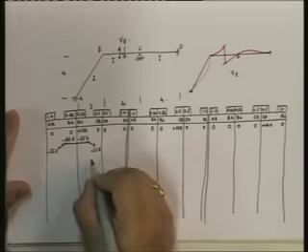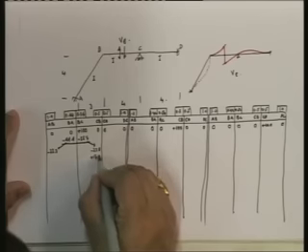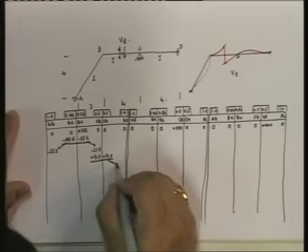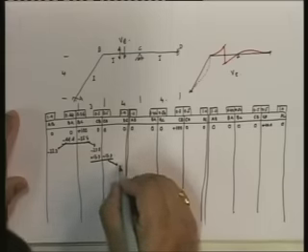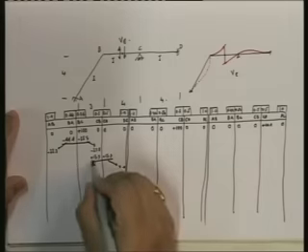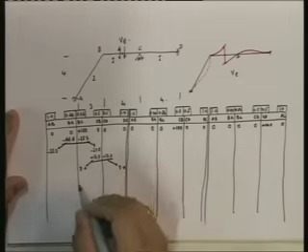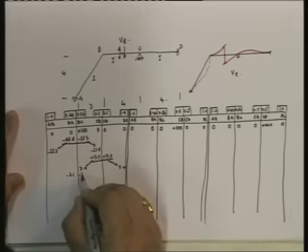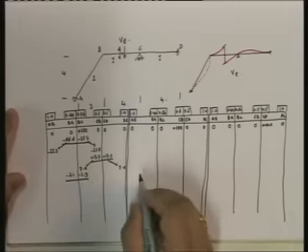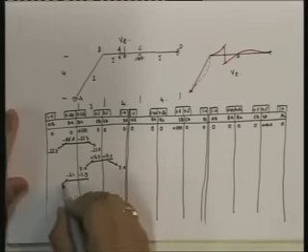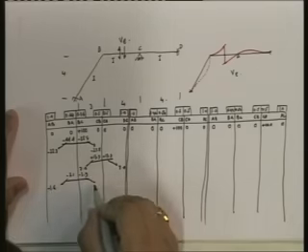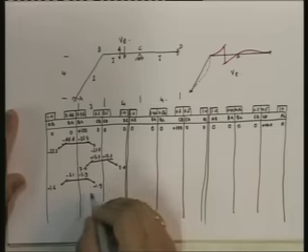So this 27.8 gets distributed 13.9, 13.9. This carries over here to 7.0. This carries over here to 7.0. This gets minus 3.1, minus 3.9. This gets carried over to minus 1.6. This gets carried over to minus 1.9.